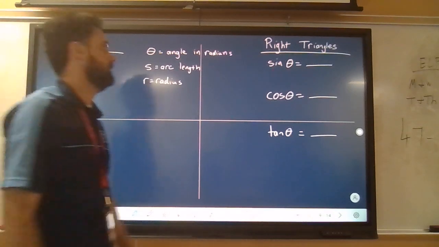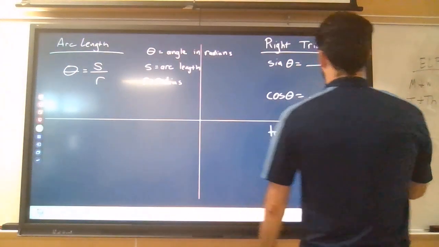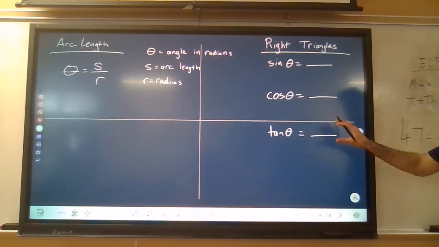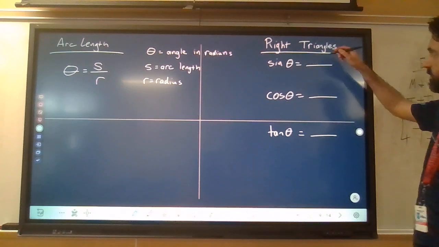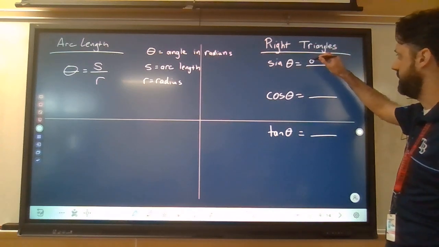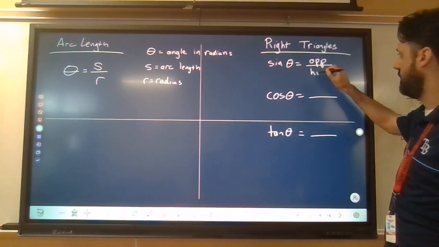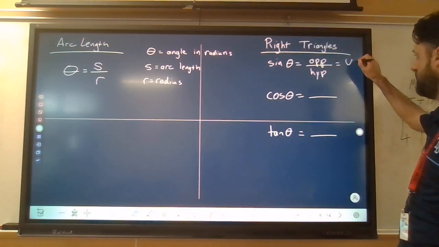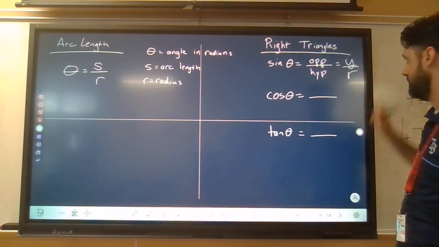All right, moving into right triangles. There's a few things we could write here, but it's not a unit circle question yet. You either need to write the definition of sine, which is opposite over hypotenuse, or I would also accept the y coordinate over the radius.